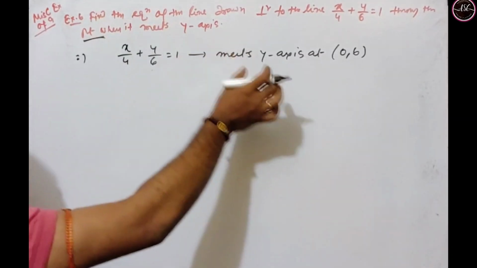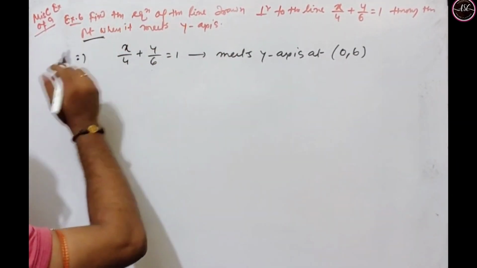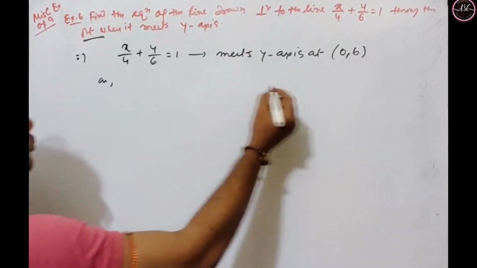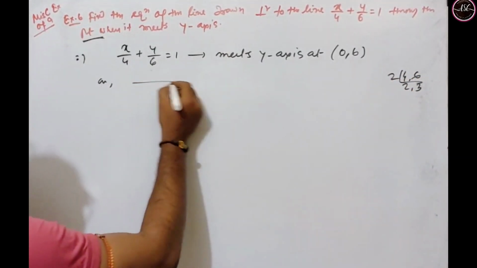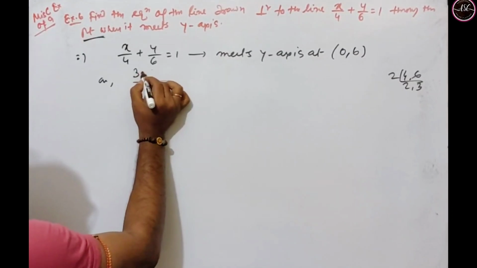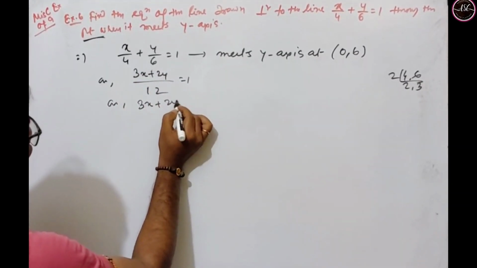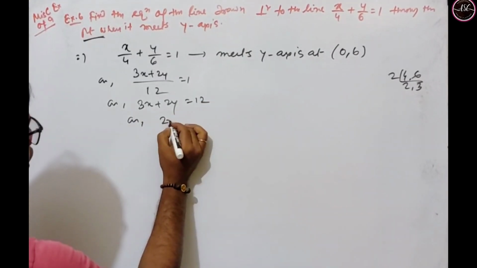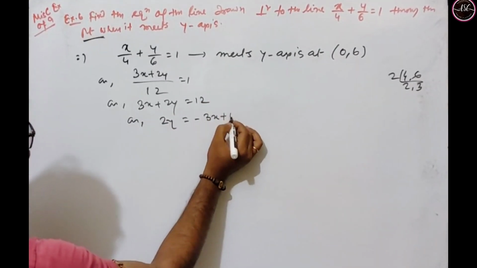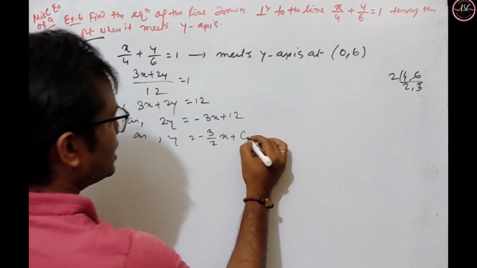The required line passes through this point, and it is perpendicular to this line. So taking the LCM of 4 and 6, which is 12, we get 3x plus 2y equal to 12, or 2y equal to minus 3x plus 12, or y equal to minus 3 by 2 x plus 6.